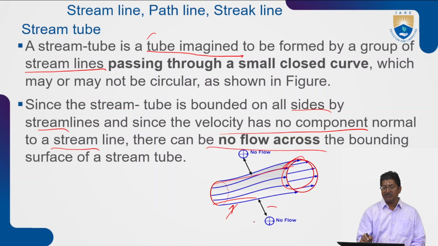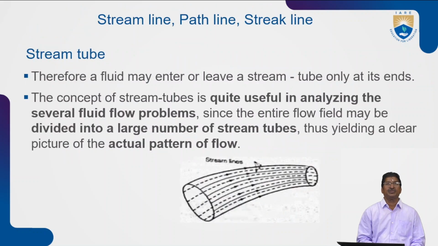That means you can see in the figure, in this direction or in this direction, there will be no flow at all. Therefore, a fluid may enter or leave a stream tube only at its ends, because there is no other way, going in the perpendicular direction. So the stream will always enter here and exit here.